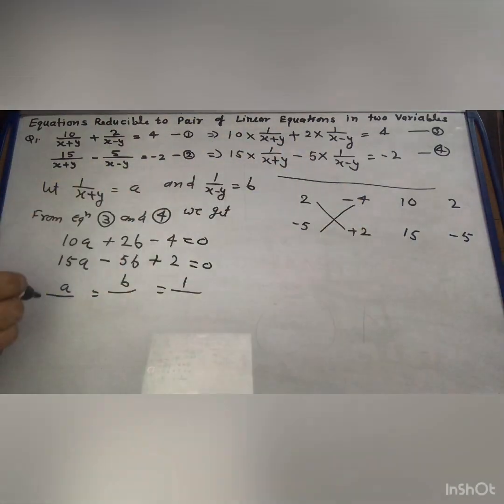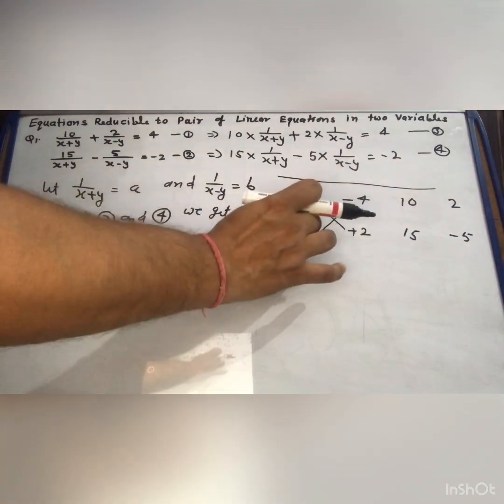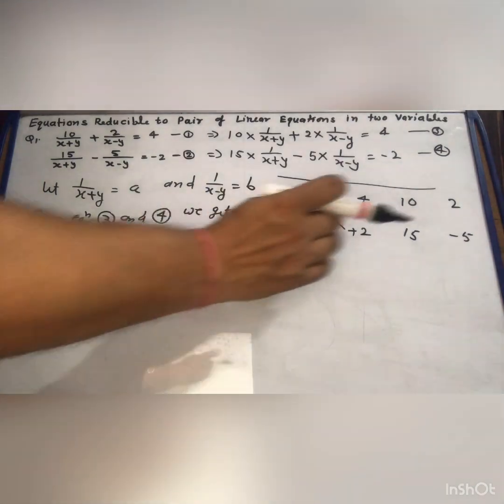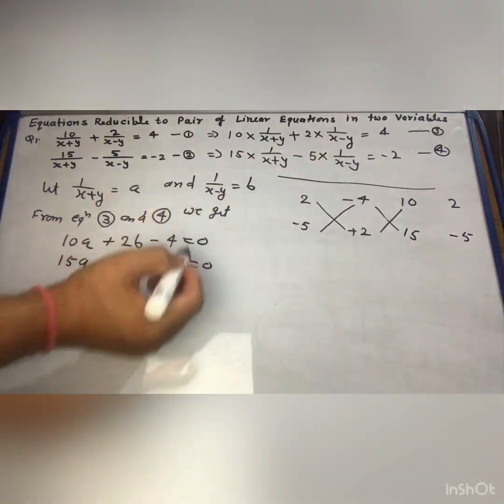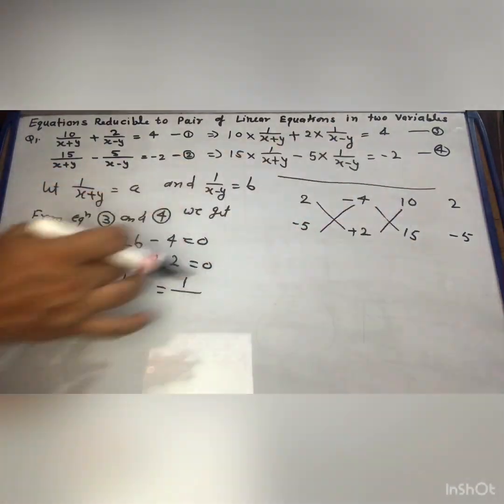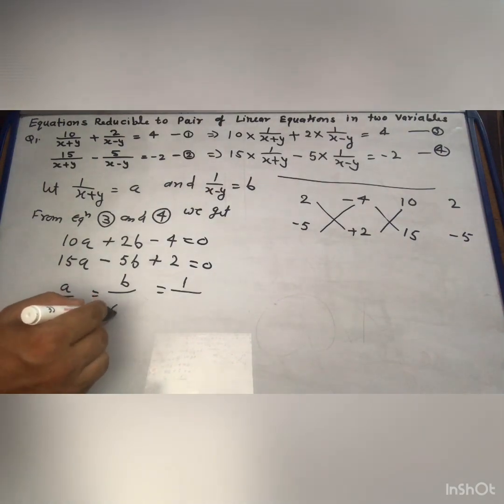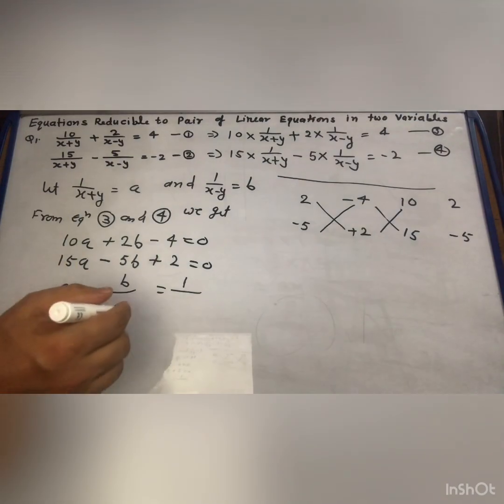Now you will cross multiply. 2 2s are 4 and then put a negative sign. After that 5 4s are 20, and minus minus is plus, so 20 positive. And for b you multiply these two pairs. That is 15 4s are 60 with a negative sign, minus 60, and 10 2s are 20, plus 20.